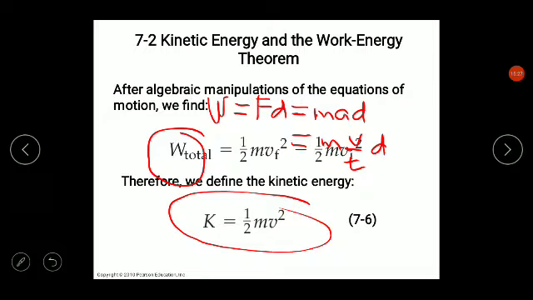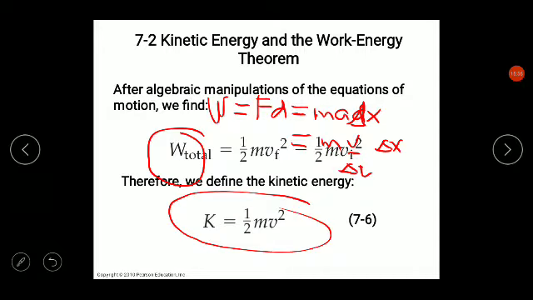So just don't mind about the notation. This should be delta x, displacement. So we have v over delta t, change in time, times dx.